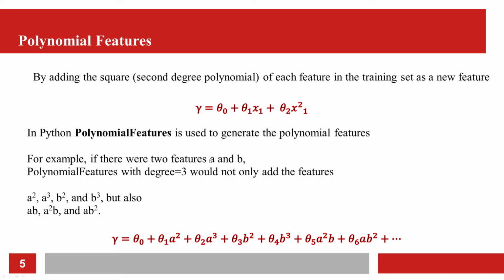Assume that we have two features, a and b, and apply polynomial features with degree 3. We will have these features, so instead of using only part of the data, we will use all of them, about 10 features, I think, with degree 3.